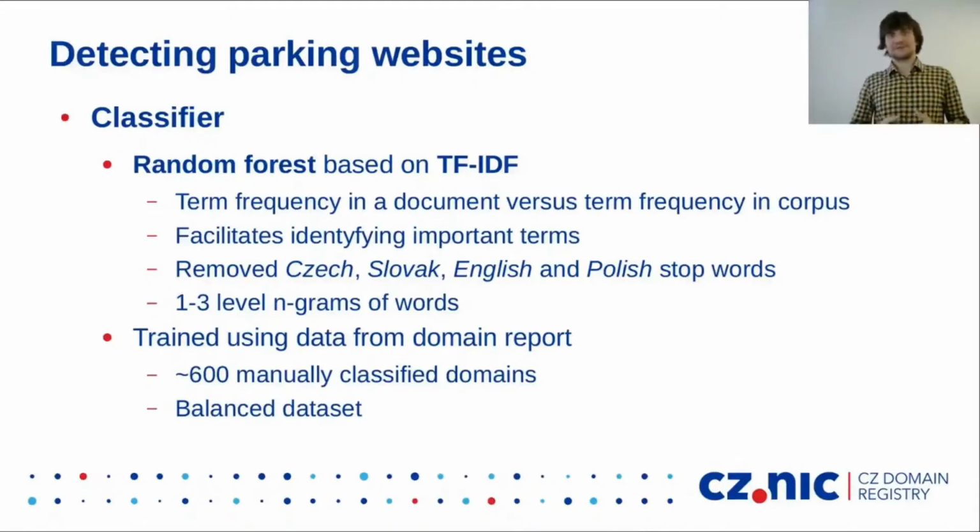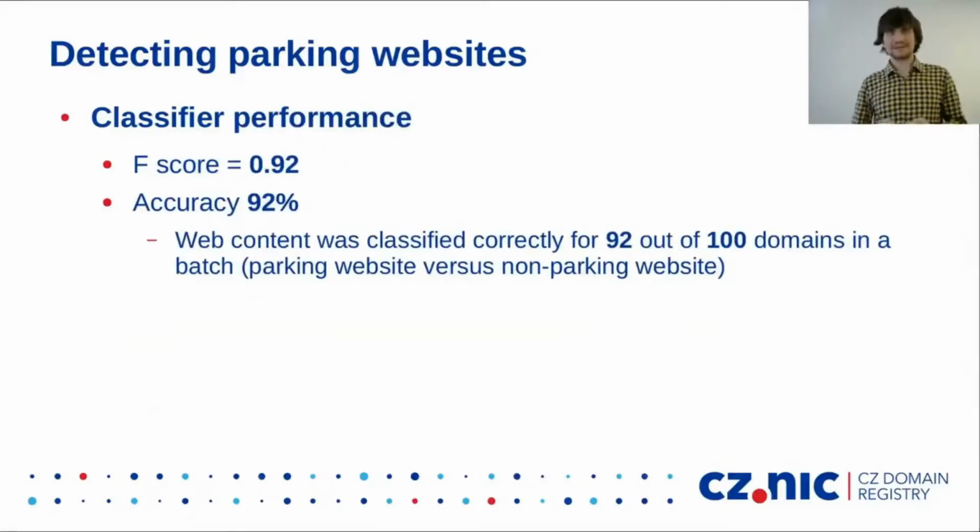And we use this data set as our ground truth, and we train the model using this data. And we achieved accuracy of 92%, which means for a batch of 100 domains, 92 domains were classified correctly.